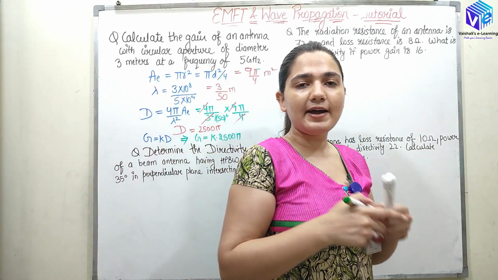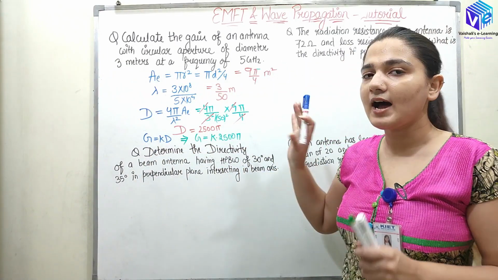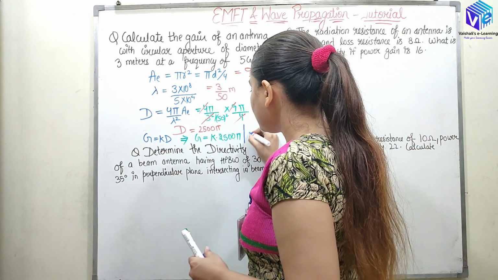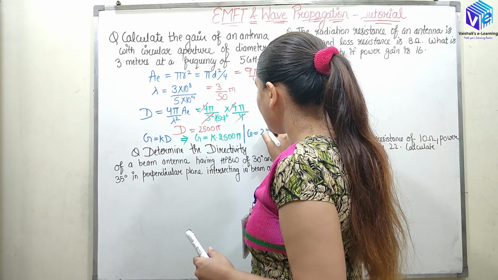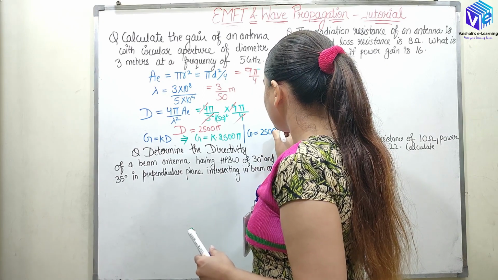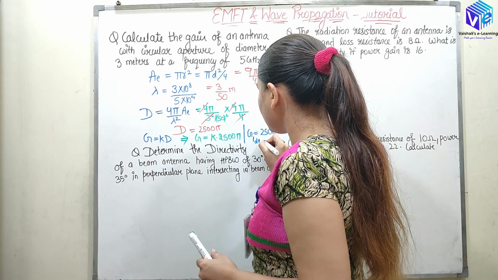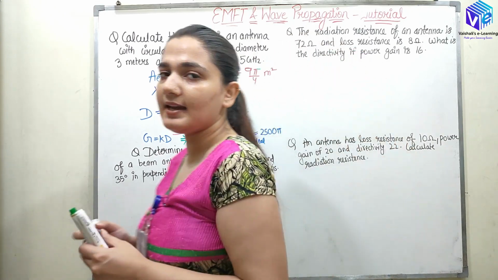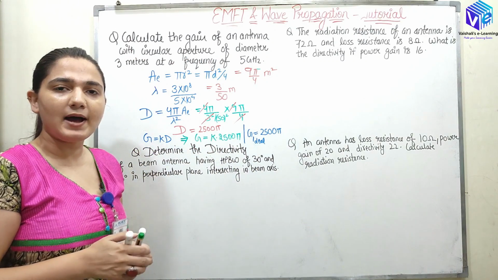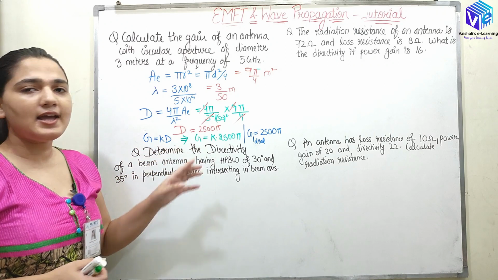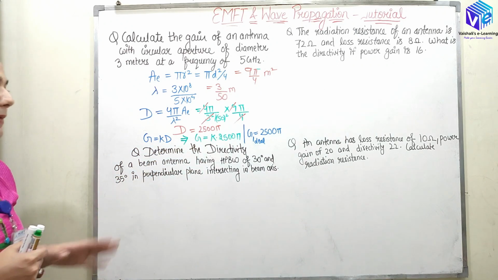Whatever my K is, if it's an ideal scenario, I will take K equal to 1. So you can specify also that gain is equal to 2500 pi. It's for the ideal case. So G ideal is 2500 pi. Otherwise the gain is equal to K into 2500 pi.